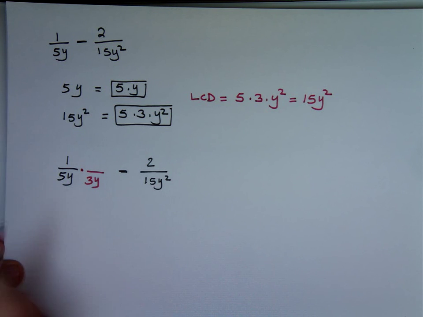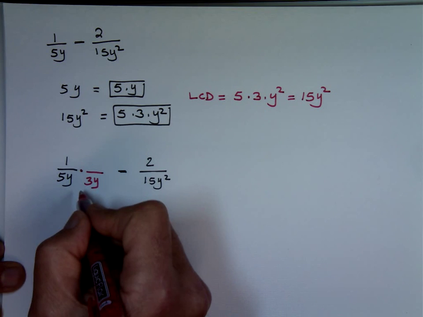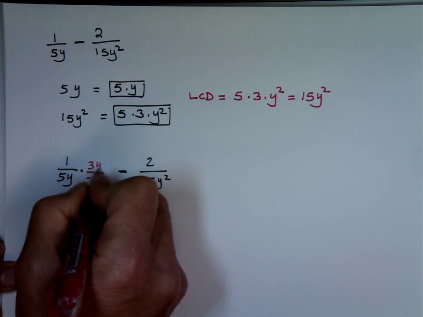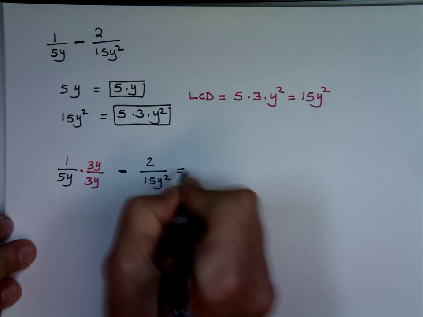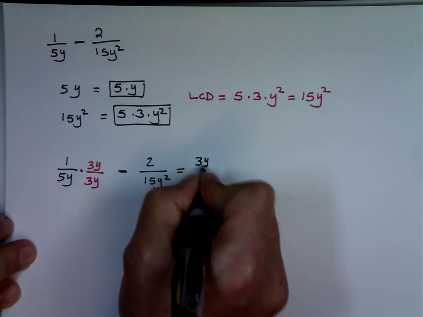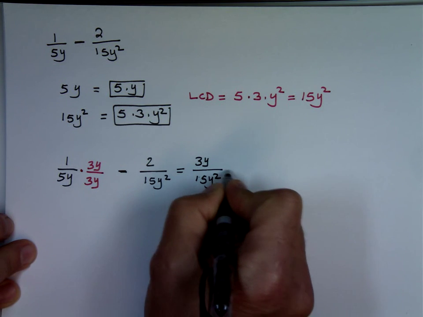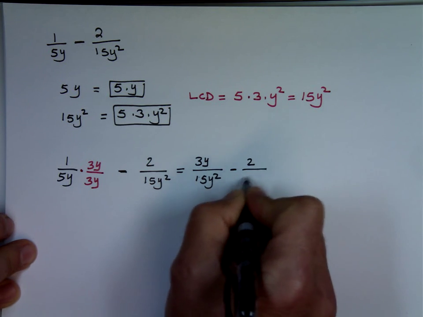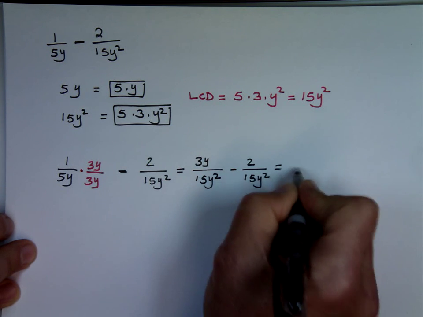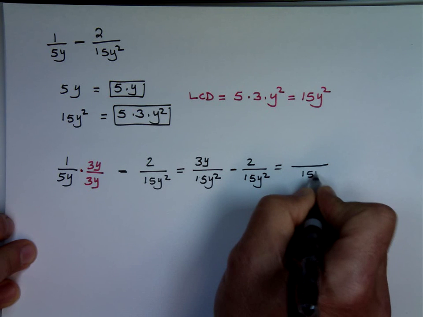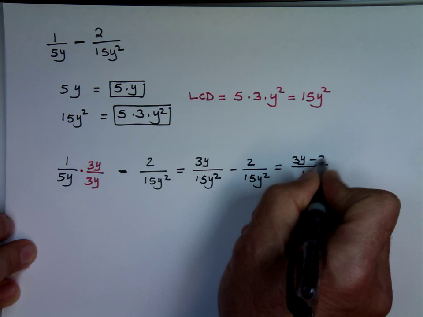But if I multiply the bottom by 3y, I need to multiply the top also by 3y. So this becomes 1 times 3y, which is 3y, over 15y squared minus 2 over 15y squared. Since these two are the same in the bottom, it becomes one fraction, 3y minus 2.